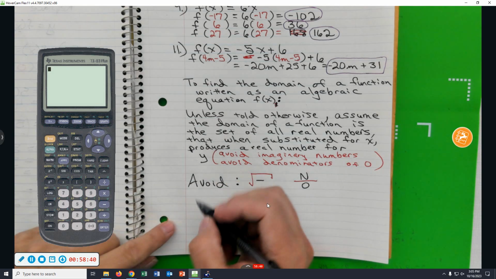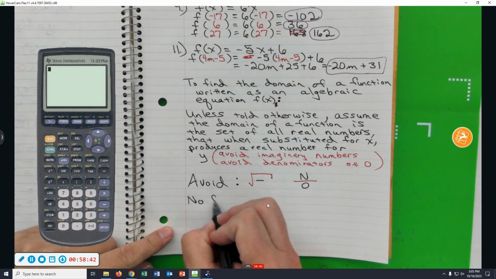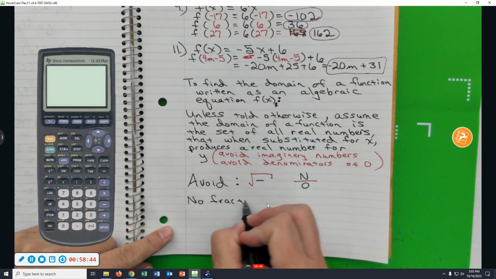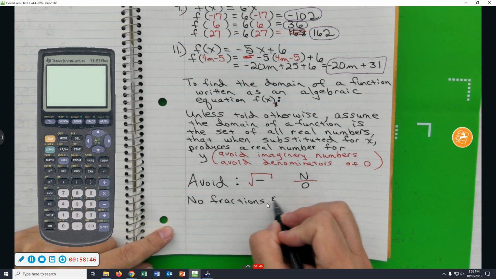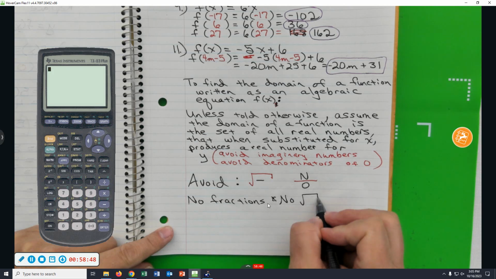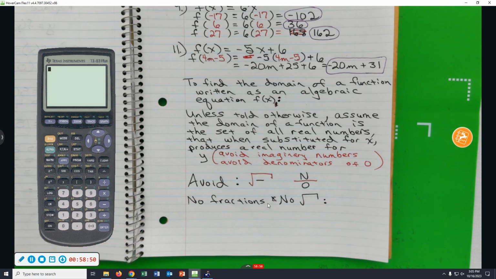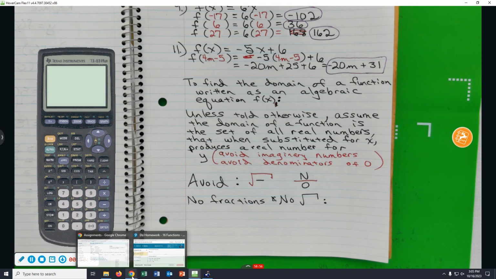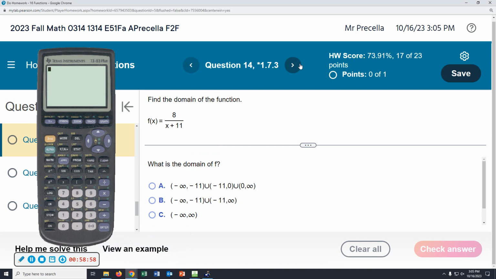Then, suppose you have no fractions and no square roots. Unless you're told otherwise, look at that example that we were just looking at.